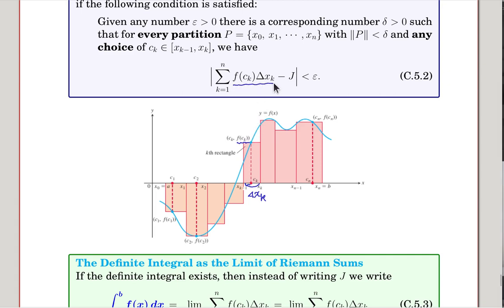This will make an area here for each subinterval, and of course over there there will be negative area. It is summed, and if we refine the partition, then it may converge to a number. Then the number is the definite integral.